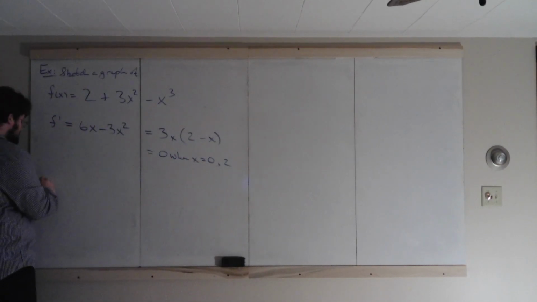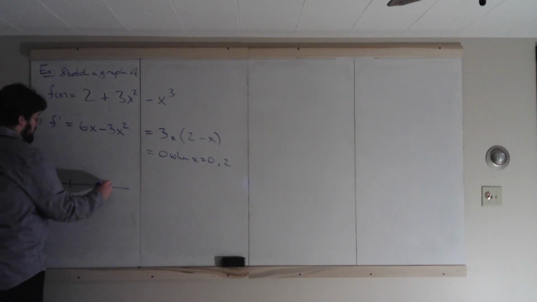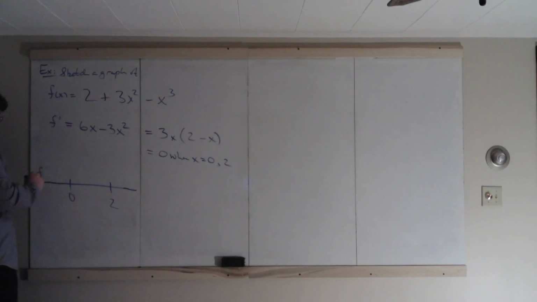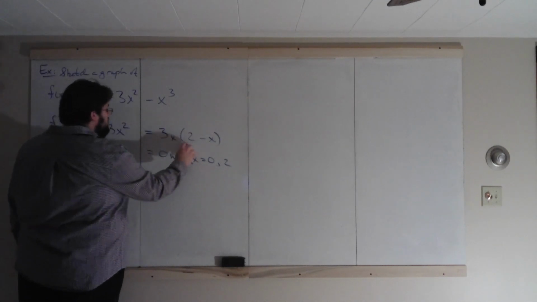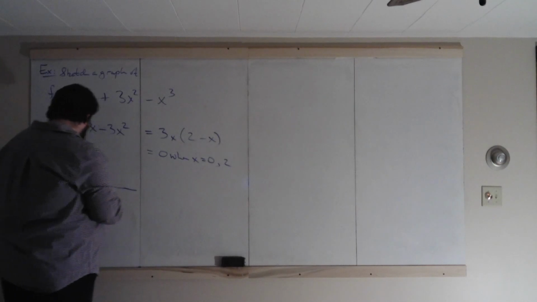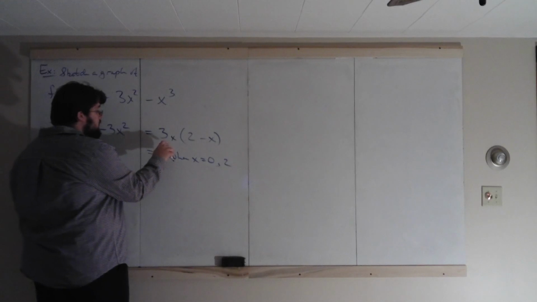And we'll use that to build a sign chart. Our relevant points are 0 and 2. We want where the first derivative is positive, where it's negative. So the first derivative on the left of 0, let's choose negative 1. Choose negative 1, you get negative times positive, which is negative. Between 0 and 2, choose a point like 1. You get what?